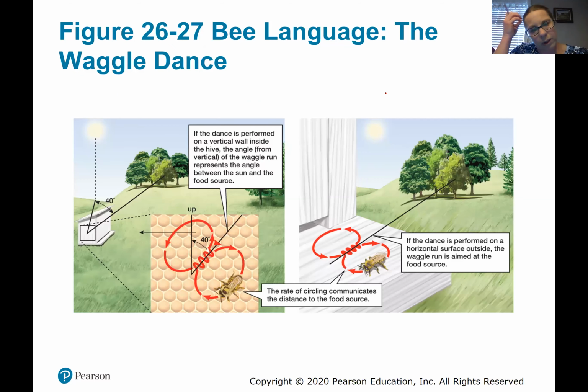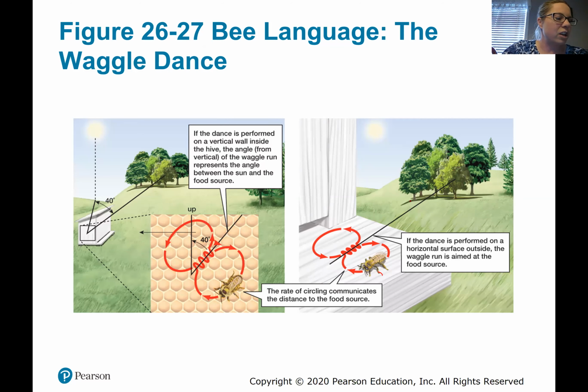Basically what they do is, this bee has gone out and found a food source over here. It will come back to the hive and move and wiggle in certain directions in relation to the sun, and that will identify the direction in which the other bees can fly to find that food.